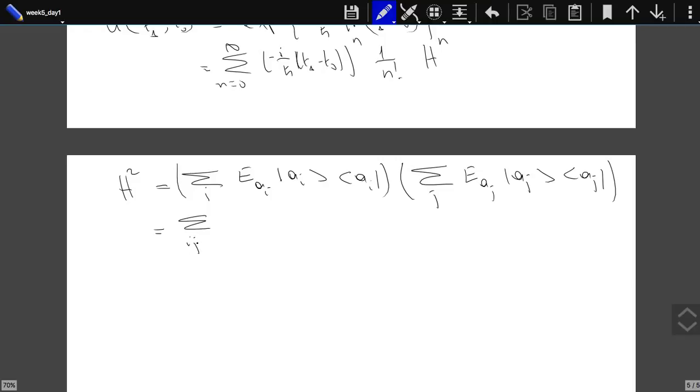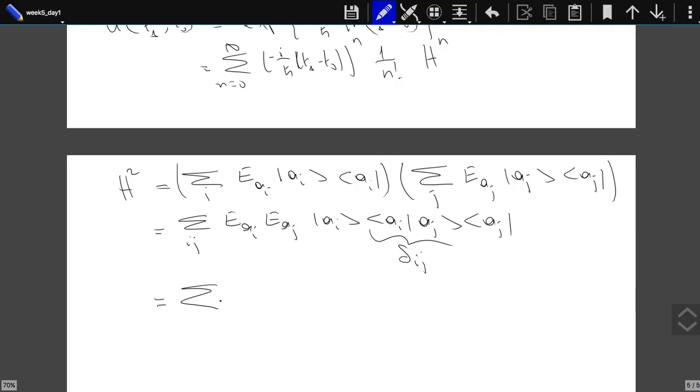This is the sum over i and j of E(a_i) E(a_j) |a_i><a_i|a_j><a_j|. Well, you see, this is nothing but the Kronecker delta ij, which basically tells me that when I am summing over j, I only take the terms j equal to i. So this is equal to the sum over i of E(a_i) squared |a_i><a_i|.